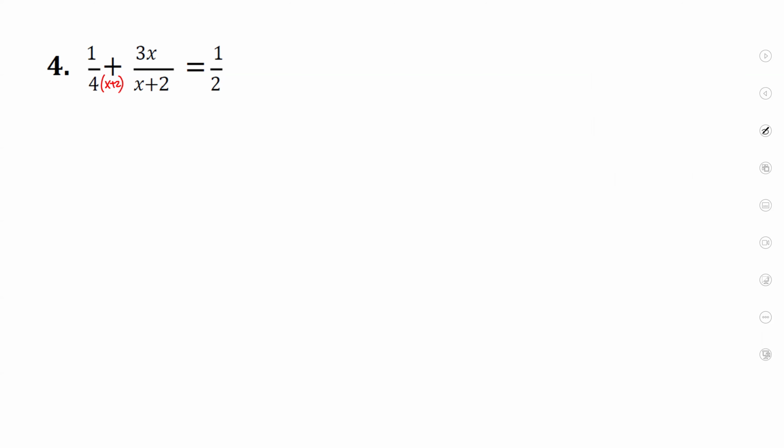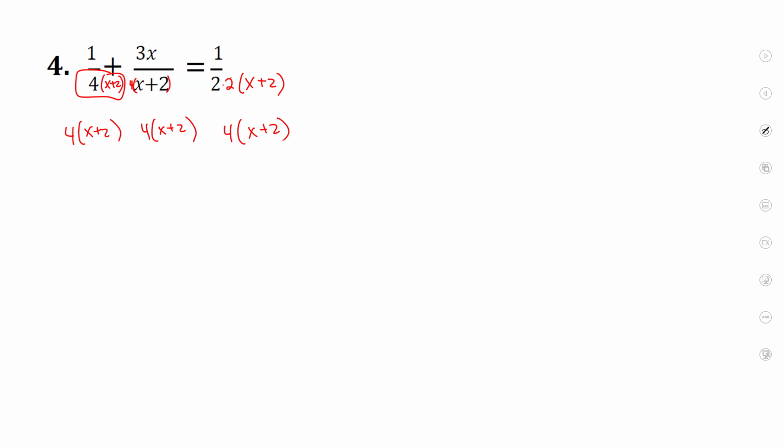Do you guys see that? What is this one missing? A 4. What does this need? Everything. It needs a 2 to make it a 4, and it needs an x plus 2, right? Okay, so that means this denominator is now 4 times x plus 2. This one is 4 times x plus 2. This one, 2 times 2 is 4, x plus 2.